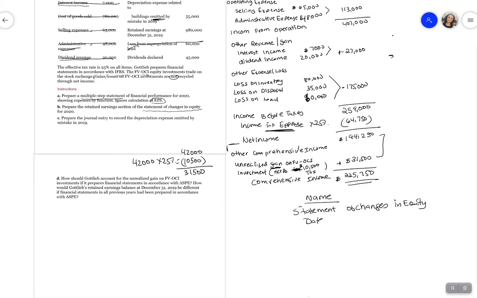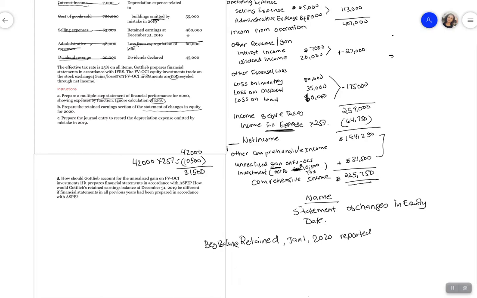Again, we are going to have a date. We're going to start off with retained earnings, and that is our beginning balance. So beginning balance in retained earnings, January 1st, 2020, and that will be as reported because we had a prior period adjustment.